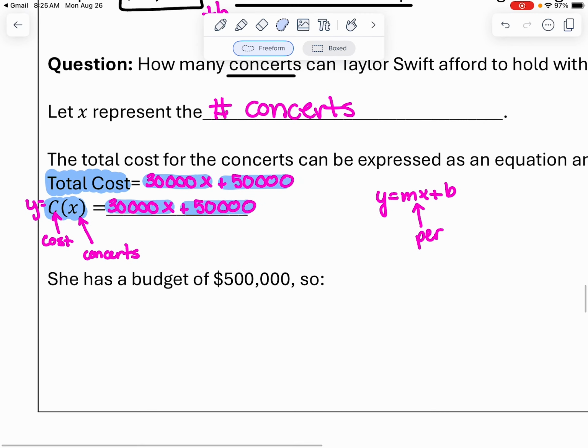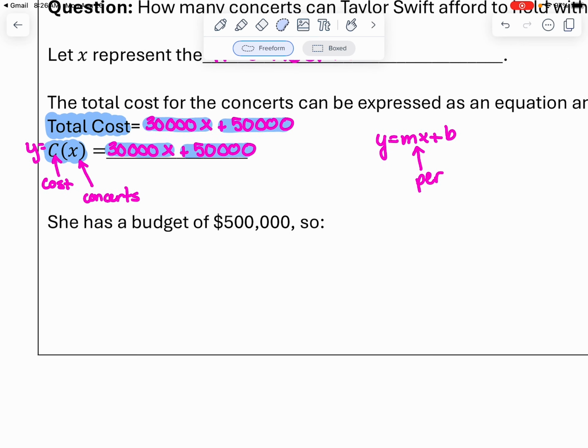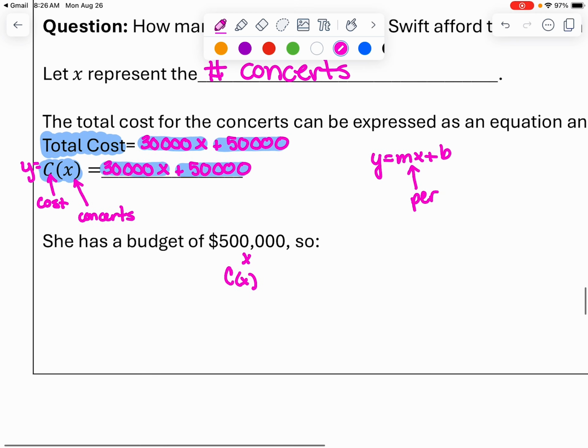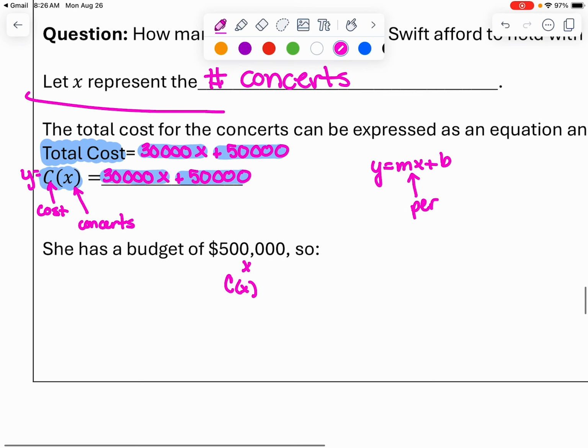And now we answer the question. We know that she has a budget that is a total cost of $500,000. So that needs to go in either for X or it goes in for C of X. So remember, X was how many concerts she had. See up here, X was how many concerts. So if we put 500,000 in for X, we're saying she's going to have 500,000 concerts. No way.